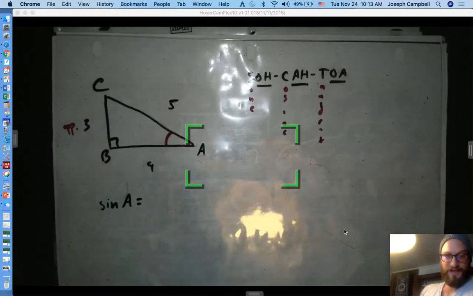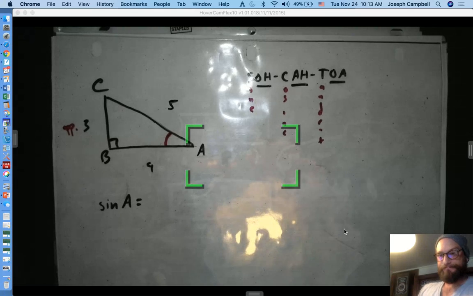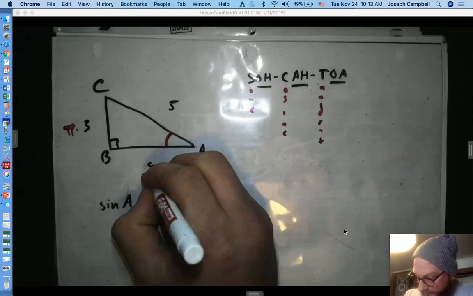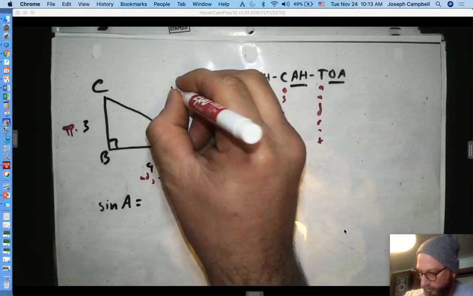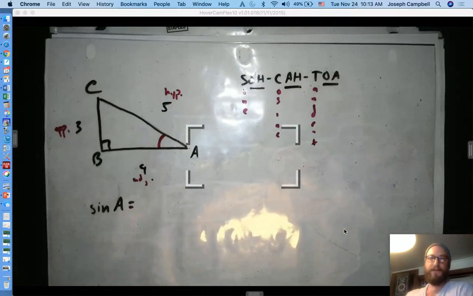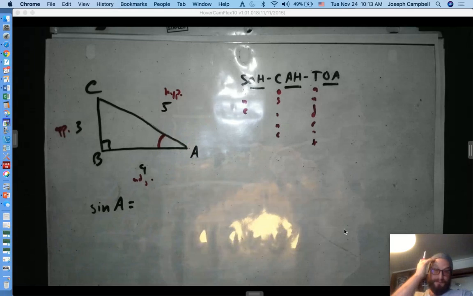What is the adjacent side? It's 4. What is the hypotenuse? Of course, it is 5, and it will always be the side opposite the 90-degree angle.